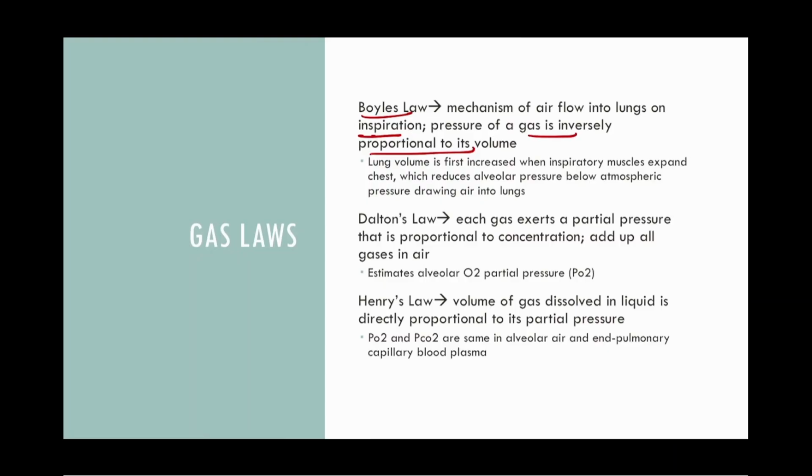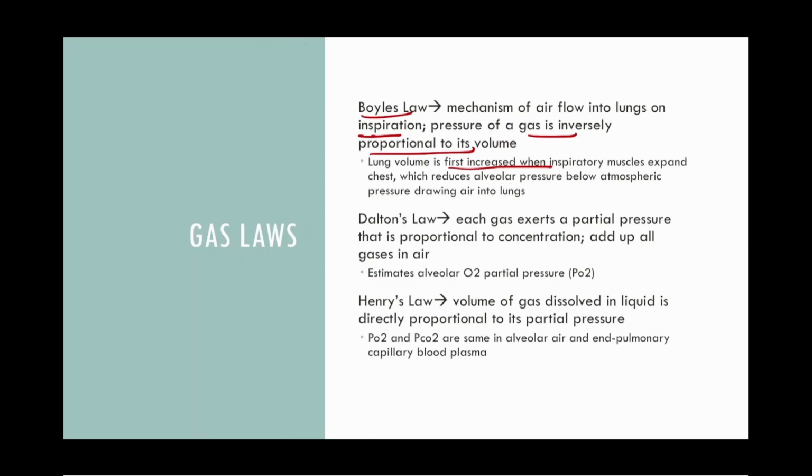So lung volume is first increased when your inspiratory muscles expand the chest, but as you start to breathe in, the pressure in the lungs, because you're adding more volume, drops inside the lungs. If it didn't do that, you could never breathe. And you have to think about breathing.